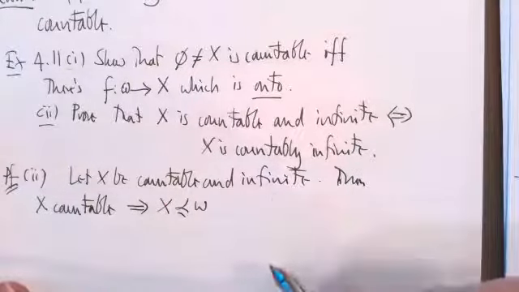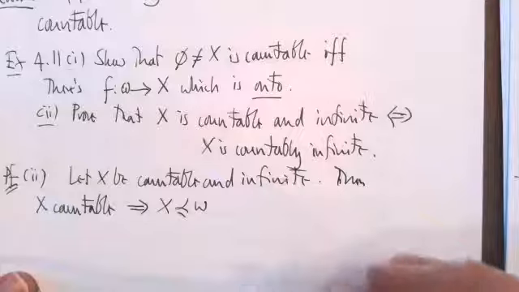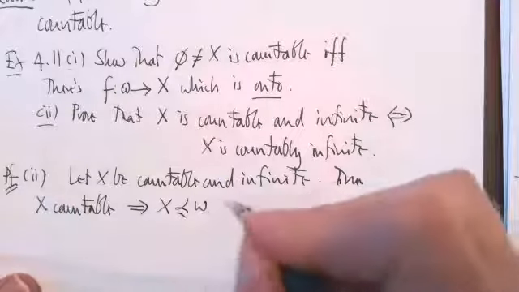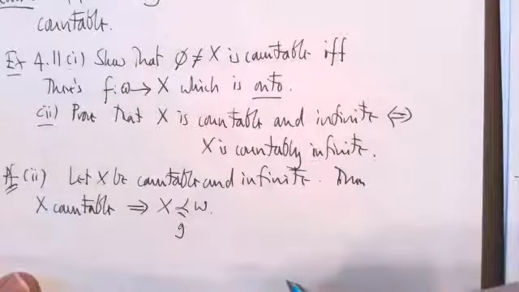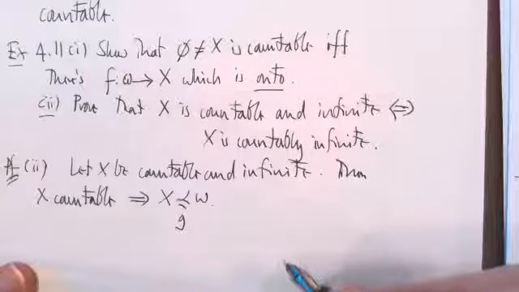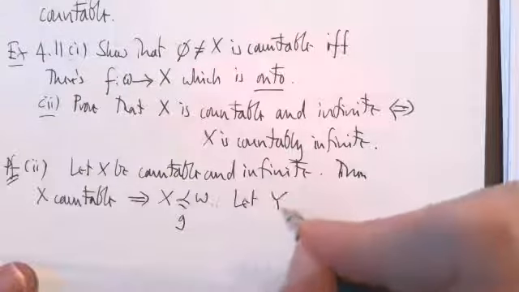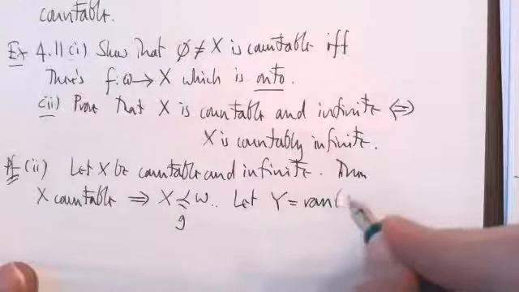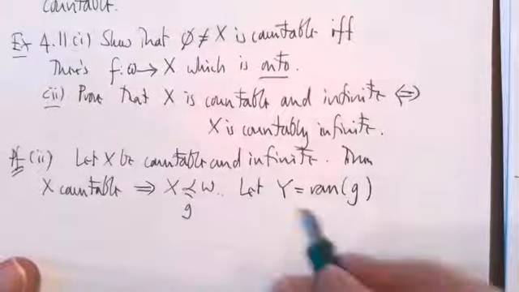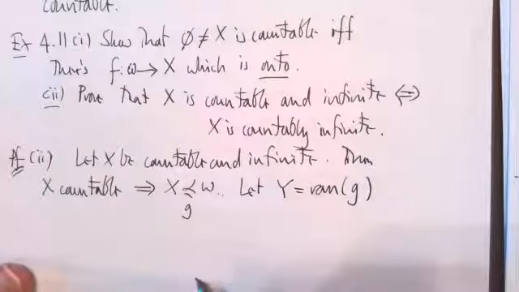And infinite is saying not finite. So let G be this one-to-one map from X into omega. Let Y be the range of G. So Y is a subset of omega here.